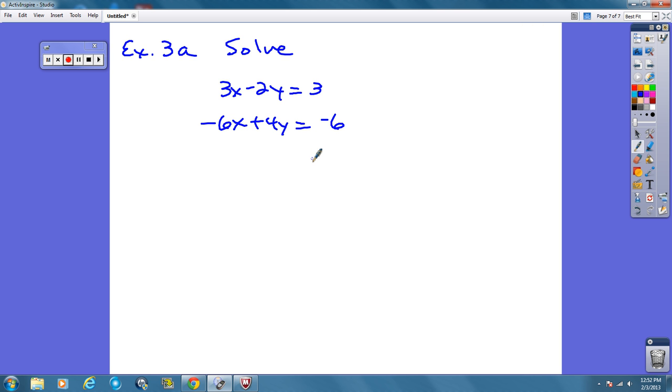Alright, so one of the things that I always notice when I'm looking at a problem is if I take this first equation and I multiply it times a -2, sometimes if you just look, you should be able to see right away that if I double the first one, I get the second one. If I multiply it by a -2, then I get -6x plus 4y equals -6. Well, you should notice these are exactly the same.